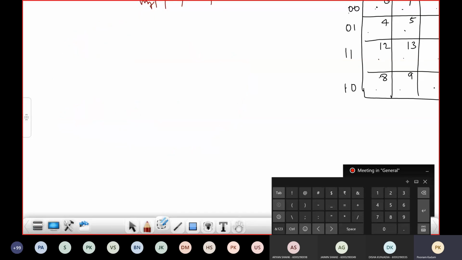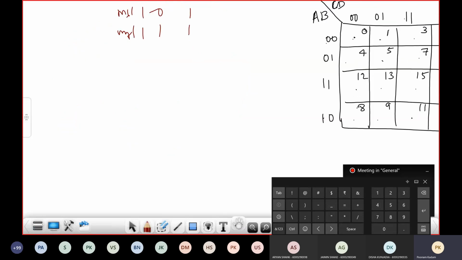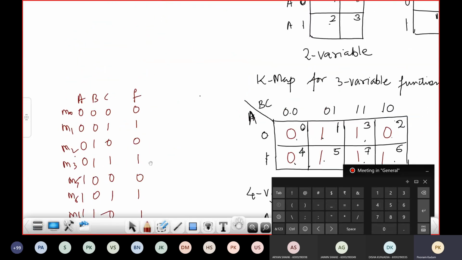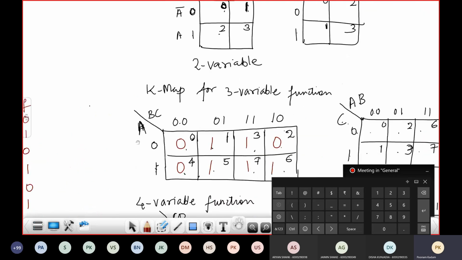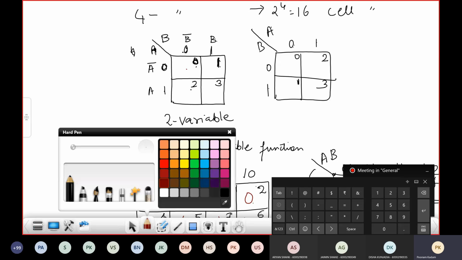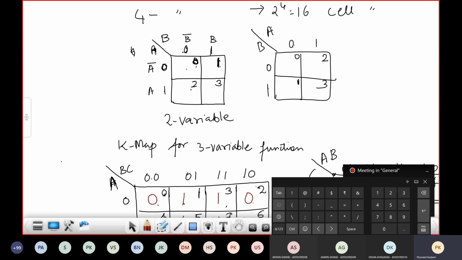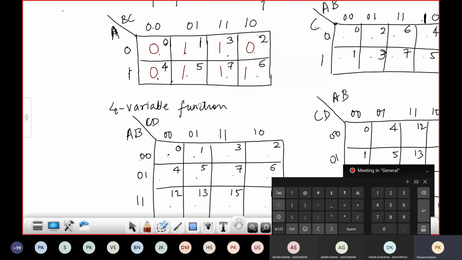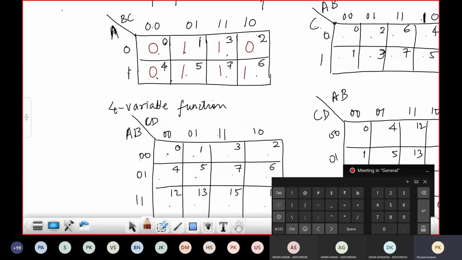If you look at the K-map cells, let me go back to the structure of the K-map. If you compare any two adjacent cells of a K-map, let's say I'll take the example of a three variable K-map, it becomes easier to understand. You take any two adjacent cells, let's say cell number 0 and cell number 1.